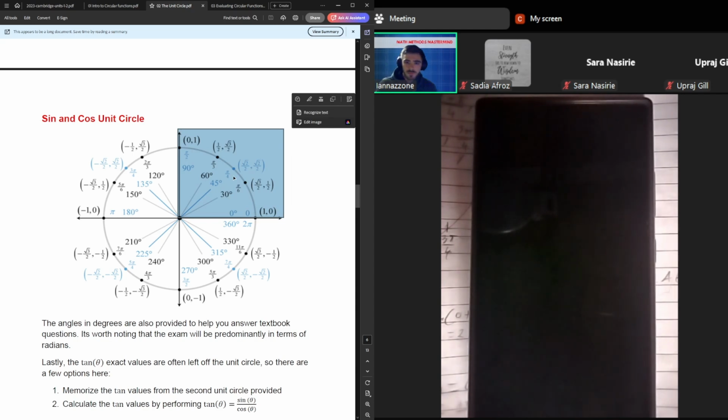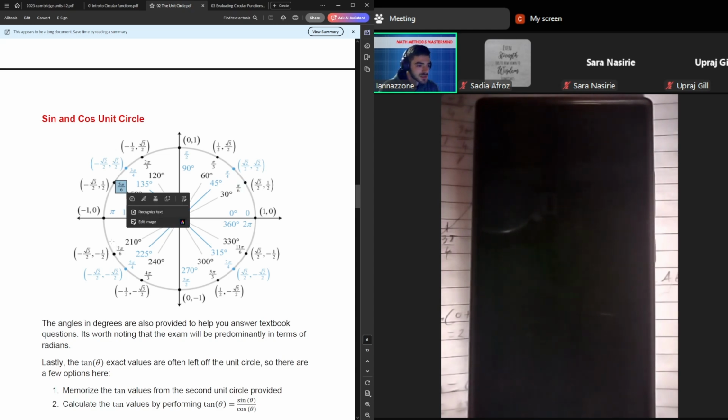From here on out, there's a few symmetry properties to be considered. The first is that every single quadrant on this circle has some kind of pi over 6 angle on it, some kind of pi over 4 angle on it, and some kind of pi over 3 angle on it. That's the first thing to recognize.